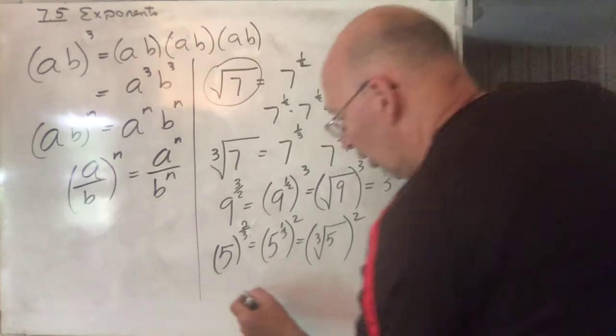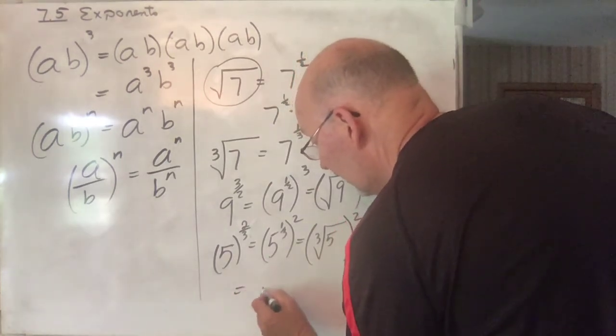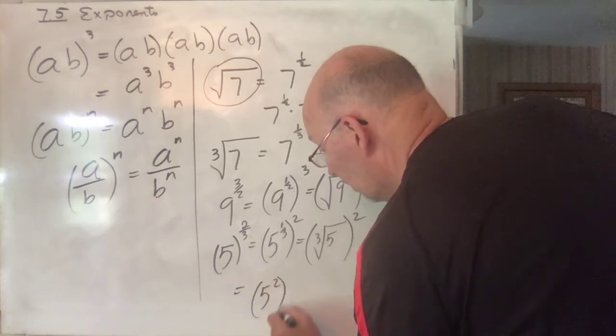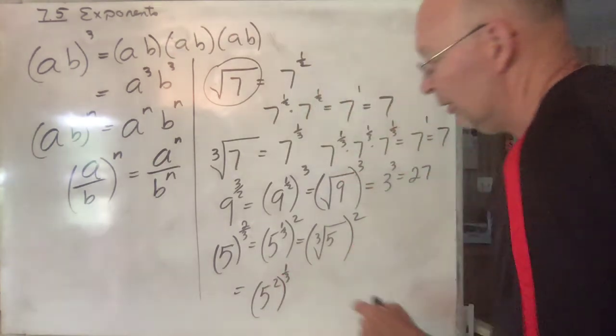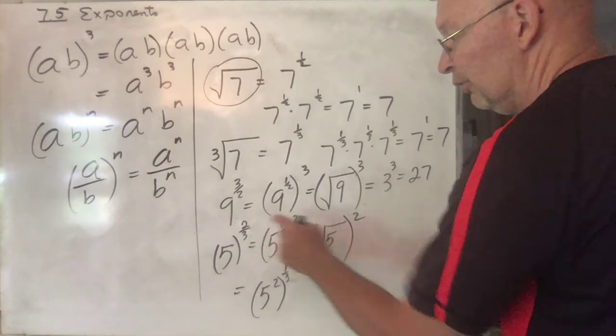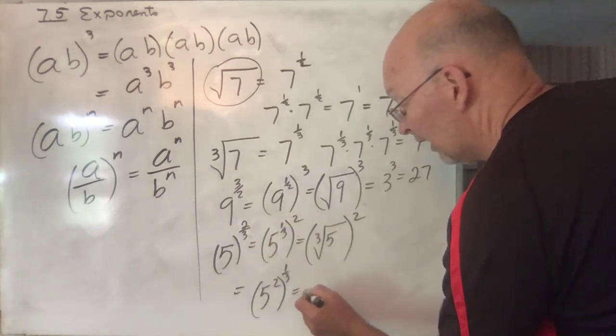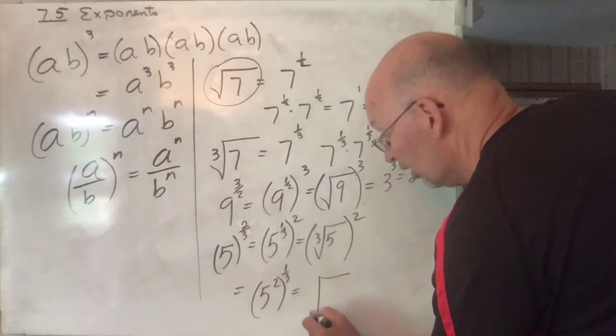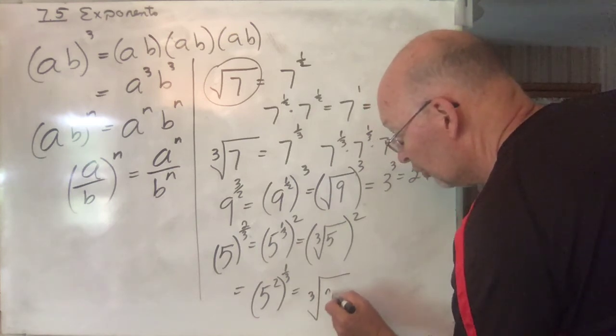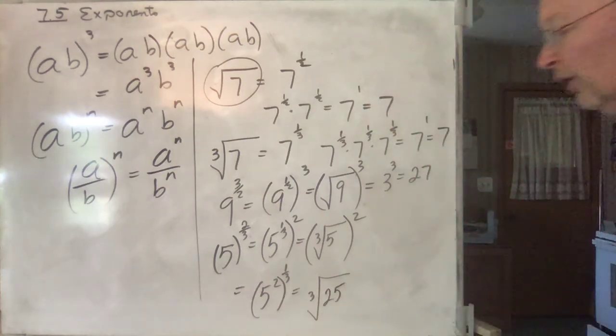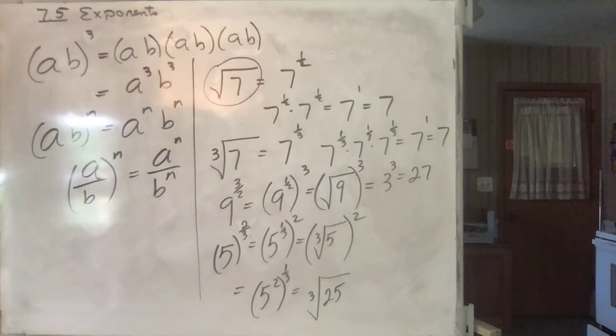Also, if you wanted to, you could think of this as 5 squared to the 1/3, because 2 times 1/3 is 2/3 again. And so now you can think of that as being the cube root of 25. So either one of those work.